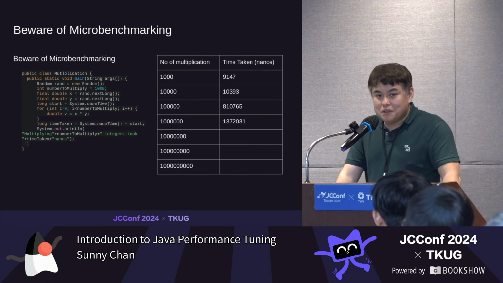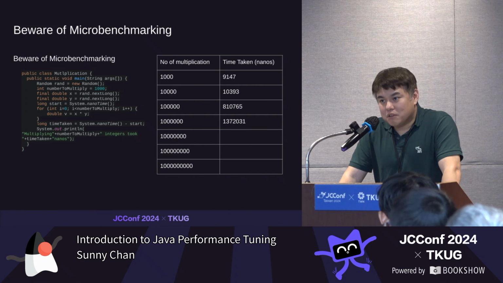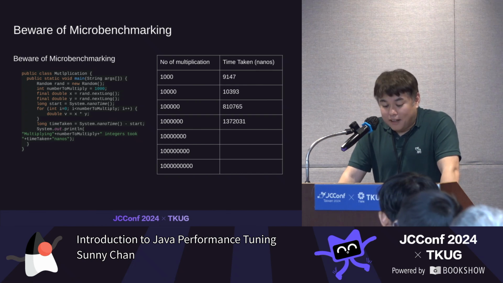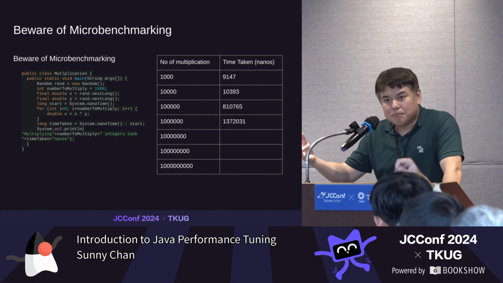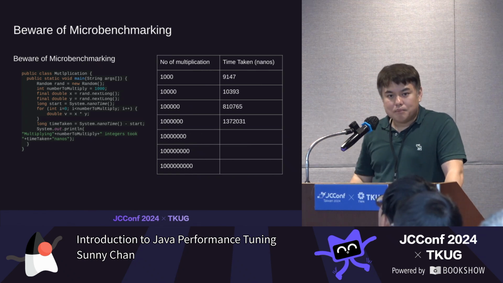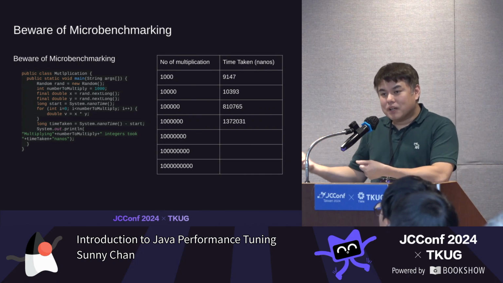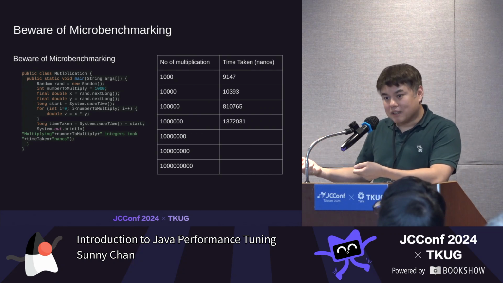All right, so let me show you an example of how you actually measure. If you measure it wrongly, it will give you a completely useless result, okay? I have a really simple example that people would write, especially people coming from other programming language backgrounds.